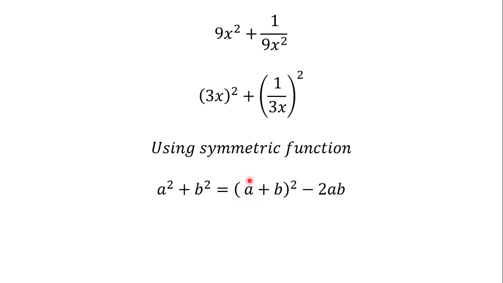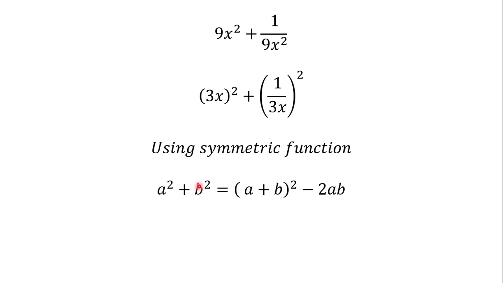By comparison, looking at this a squared plus b squared, when you compare it to this one, it's the same thing. Here is a squared, here is also 3x squared, or 3x raised to the power 2. And then that is our plus. When you come here, forget about the fraction. Still it will work.